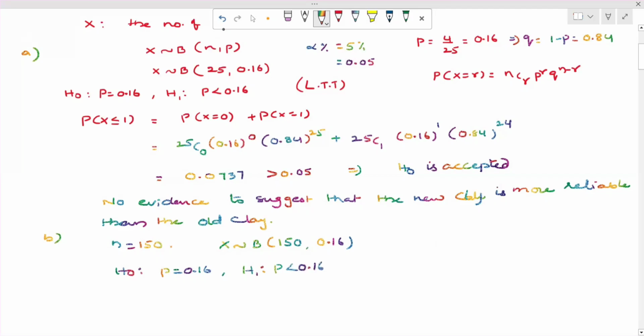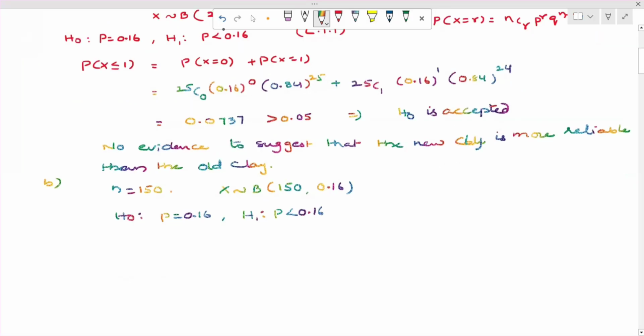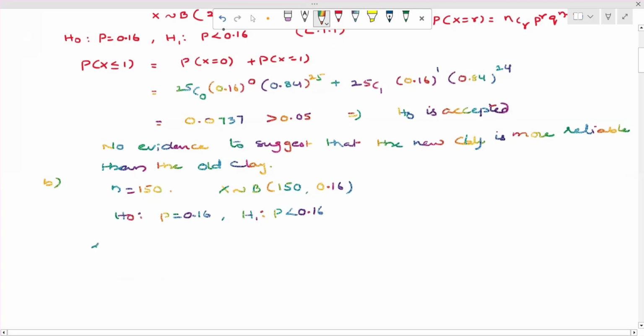If I am using the normal distribution, first we need to find the mean. Mean is nothing but n into p, so 150 into 0.16, which is equal to 24. Variance is equal to npq, which is 150 into 0.16 into 0.84.